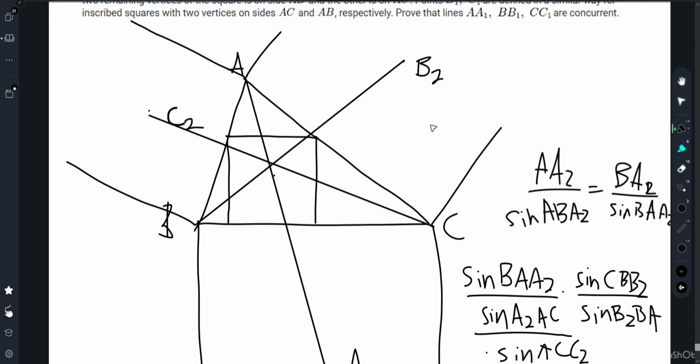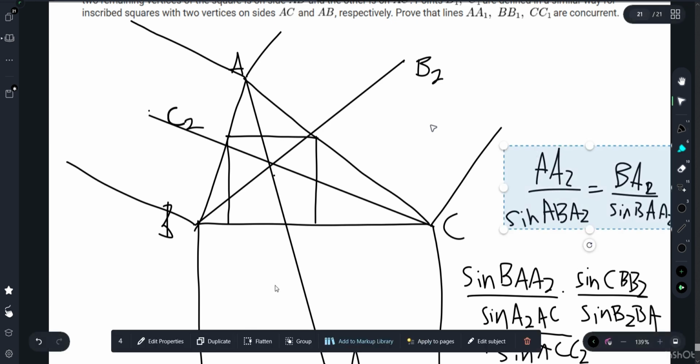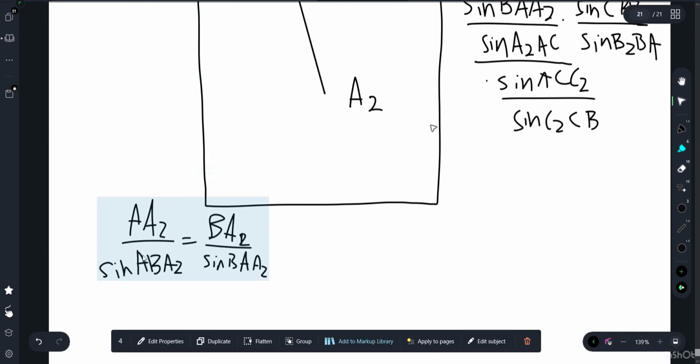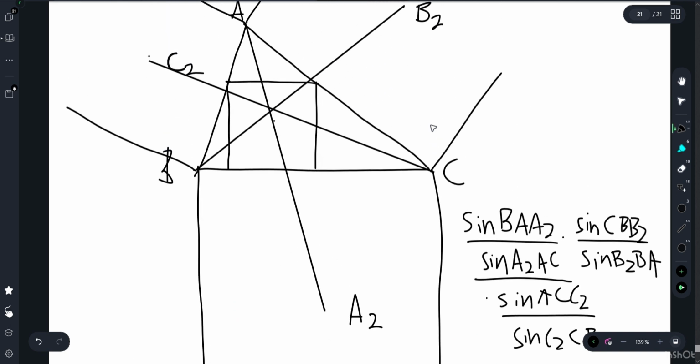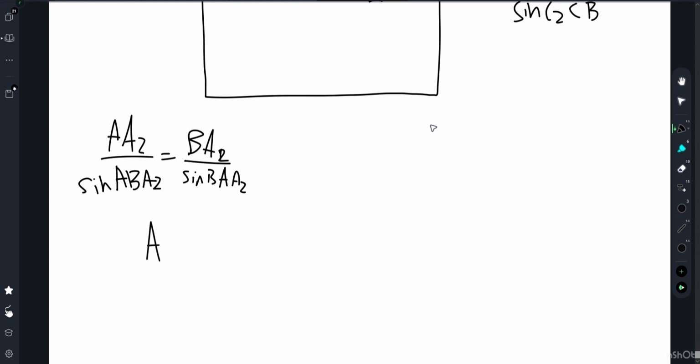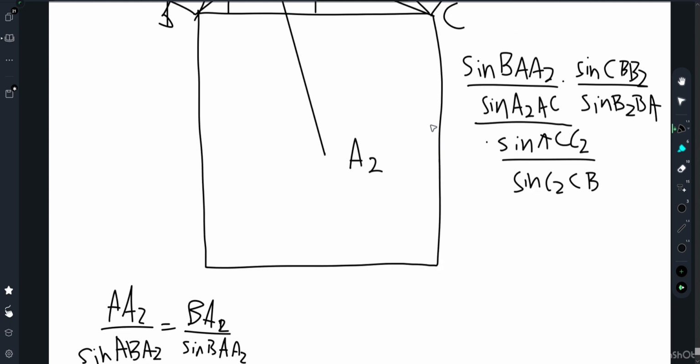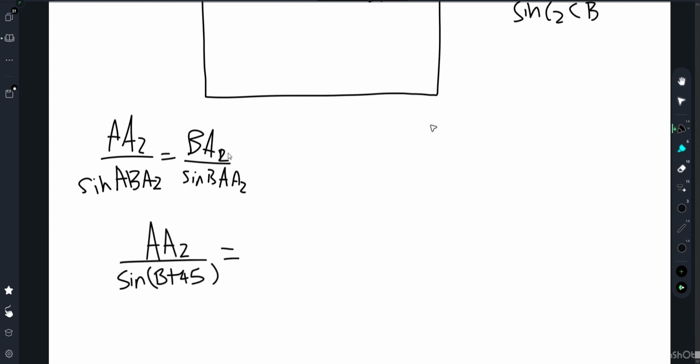Sorry, I meant A2. So let me just move it down here. So we have this, right? What is sine ABA2? Since this is a square, we know this angle is 45 degrees. So we know that ABA2 is just B plus 45. And BA2, since A2 is the center, is equal to CA2.